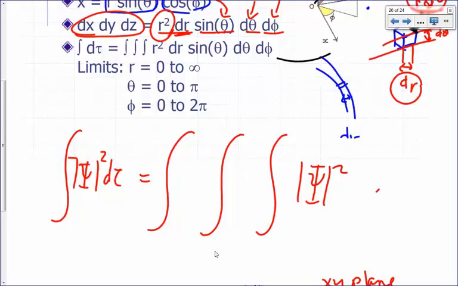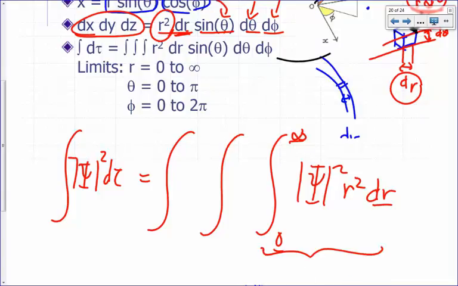Whatever psi squared you have, what you can do is multiply it by r squared and integrate over r from r equals 0 to infinity. You get the result, and the r dependence is going to go away, right? Because when you integrate with respect to r, the r disappears. So it might still be a function of theta and phi. So the result of that, this time you multiply it by sine theta, and then integrate over theta.